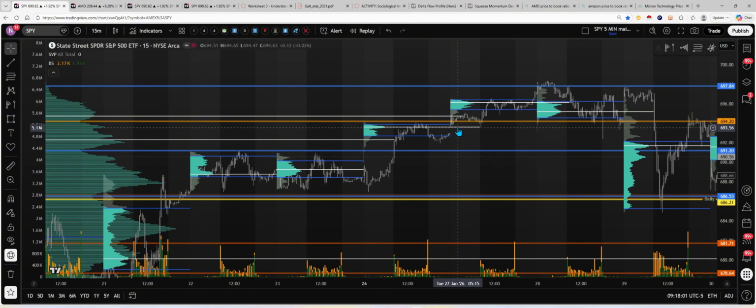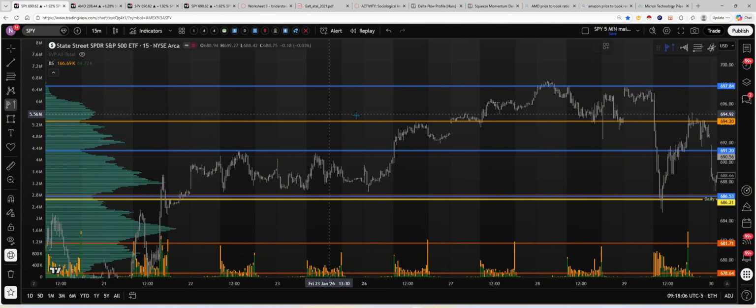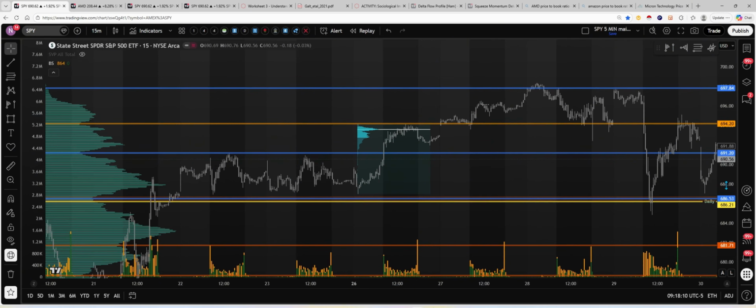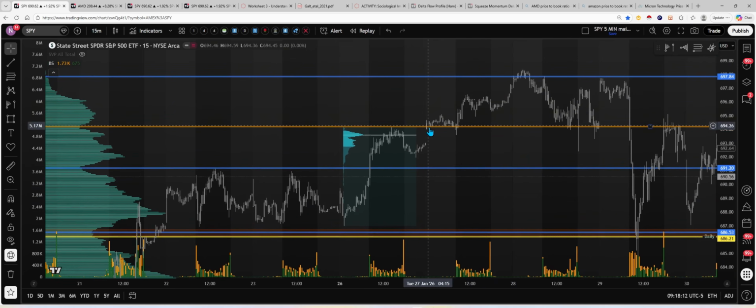So let's go into the next day. Price searches a little bit higher. Let's make this a little less busy on the chart to illustrate my point. Price even searches higher out of this zone and then comes back down and tests this same area, where there was a lot of conviction the previous day.